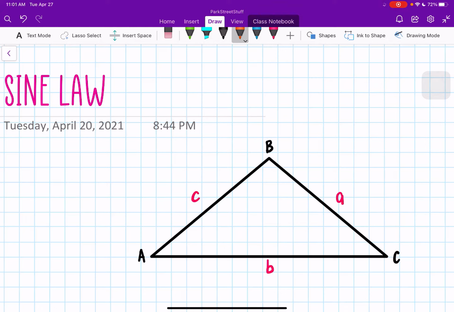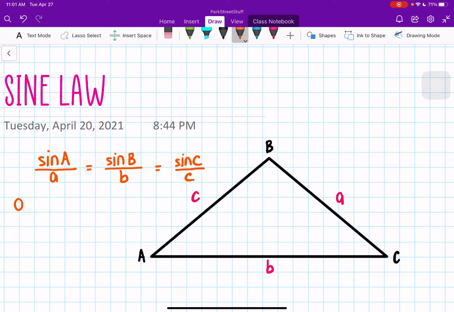So there's two ways to look at it. We can either first say sine of A over side a is equal to sine of B over side b is equal to sine of C over side c.